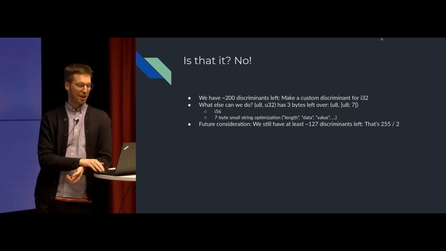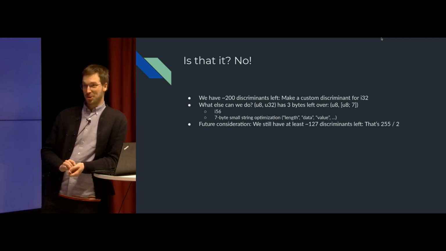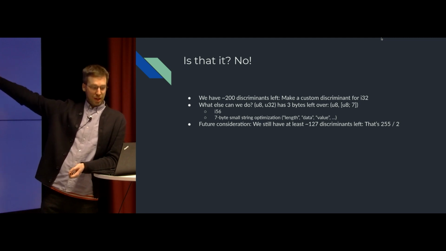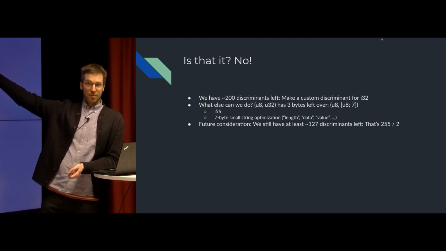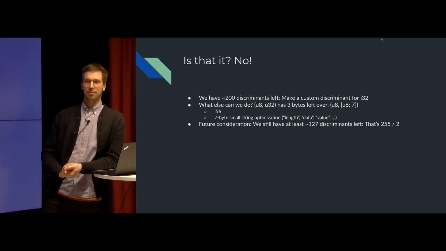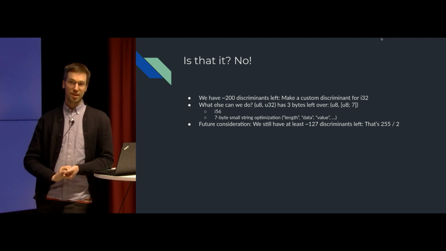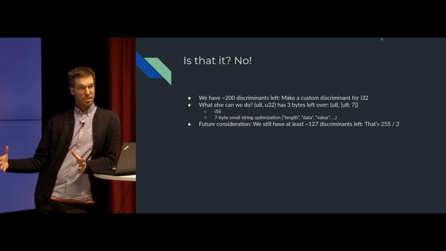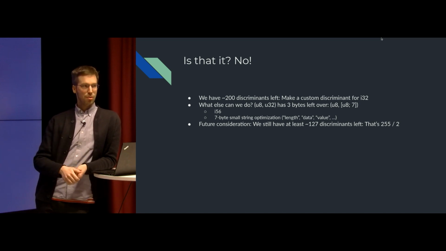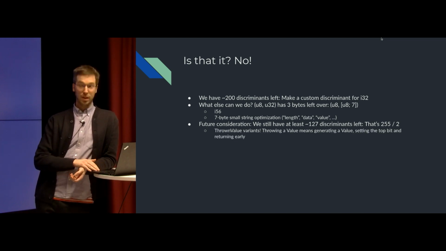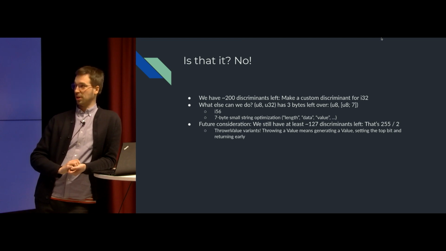A future consideration also is that even if we go really crazy on making all sorts of stack-based data variants, we still probably have about 127 discriminants left over. So half the discriminant set is unused. So what if we just make sure we're never using the top bit of our discriminant, and we create thrown value variants?